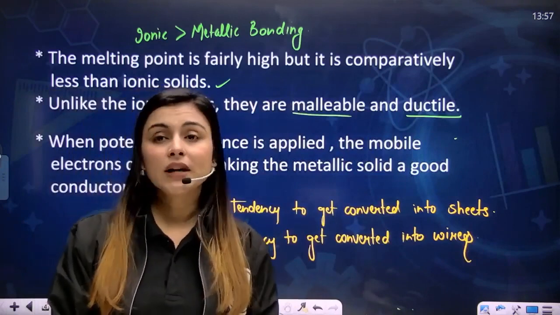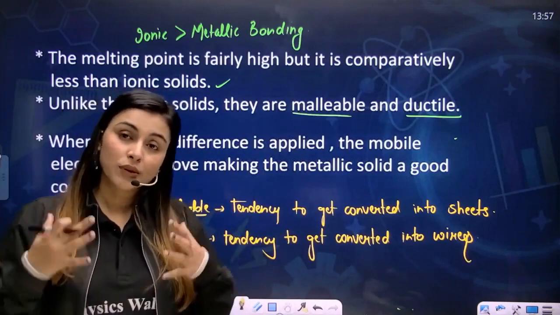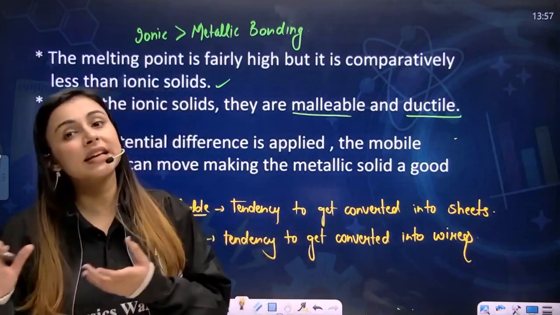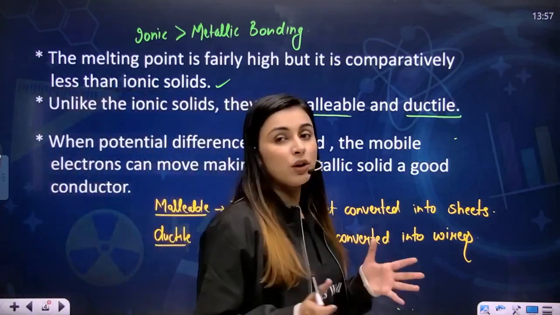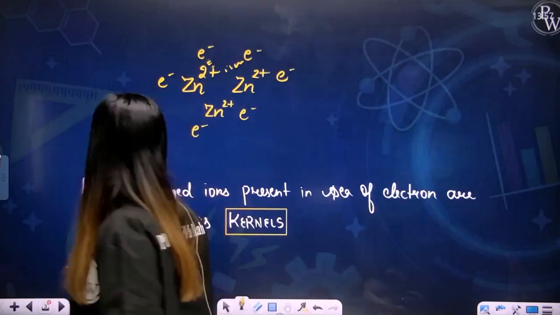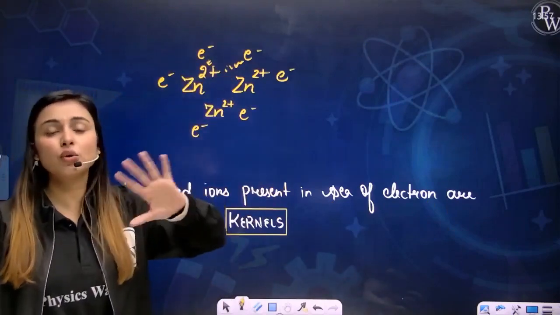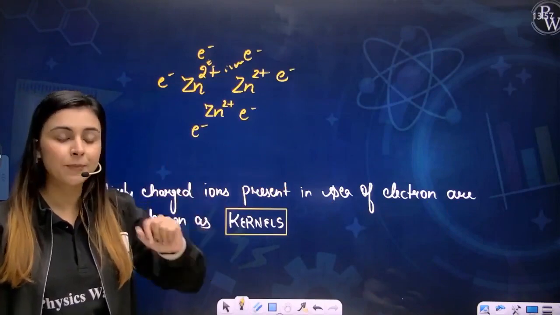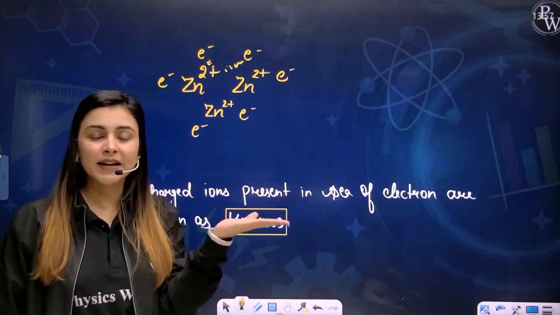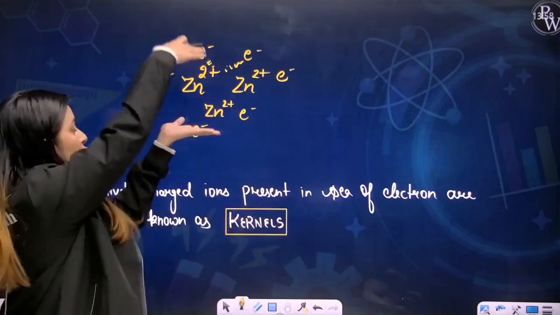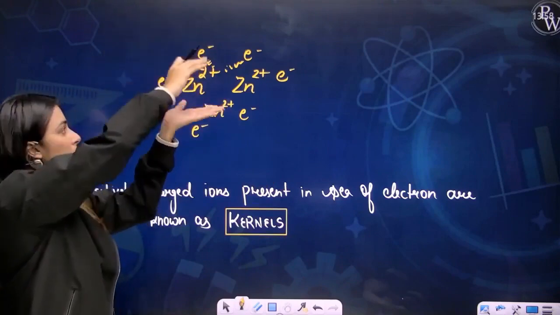So what does it say? It says that your metals have the tendency to get converted into sheets, as well as they can be converted into wires. Now let me explain why this happens. You have Zn2+ ions present in the sea of electrons. Electrons don't have a definite position. If you try to convert the metal into sheets, you apply pressure from both sides.